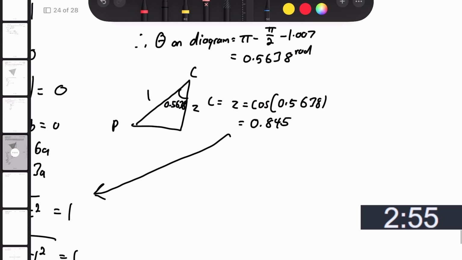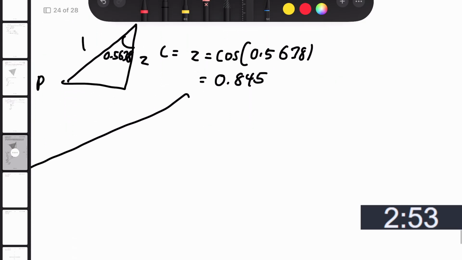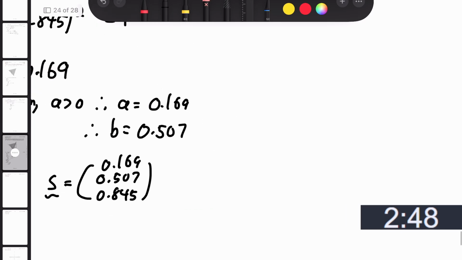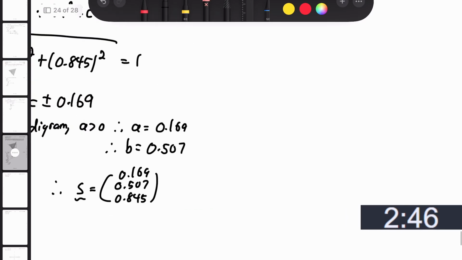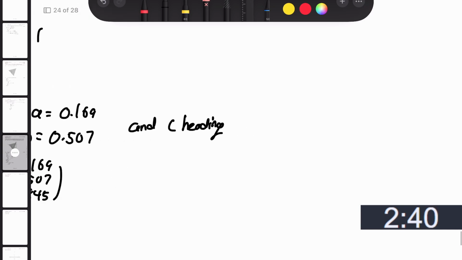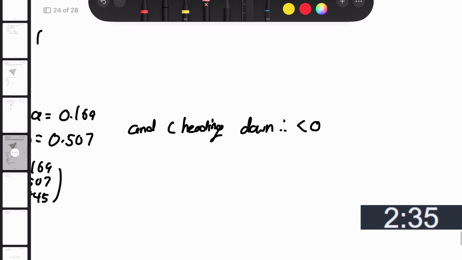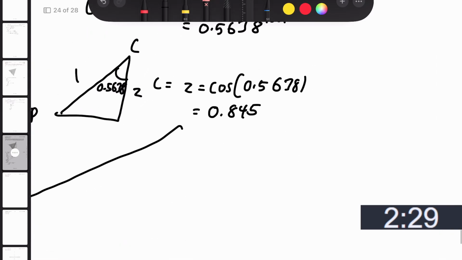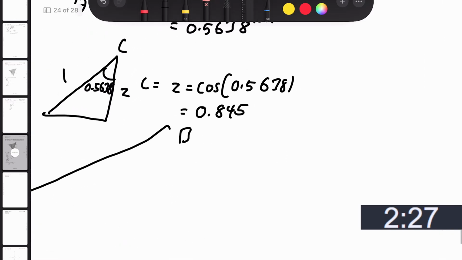Sorry, I actually just realized that this Z should actually be negative. And we'll say as C is heading down, therefore negative, less than 0. Therefore C is going to be equal to negative 0.845. Maybe I should say that here. But heading down.